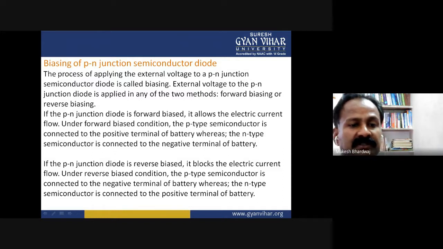If the PN junction diode is reverse biased, it blocks the electric current flow. Under reverse bias condition, the P-type semiconductor is connected to the negative terminal of the battery, whereas the N-type semiconductor is connected to the positive terminal of the battery.